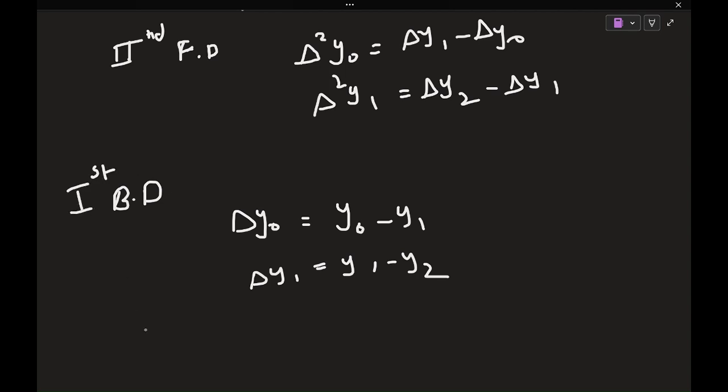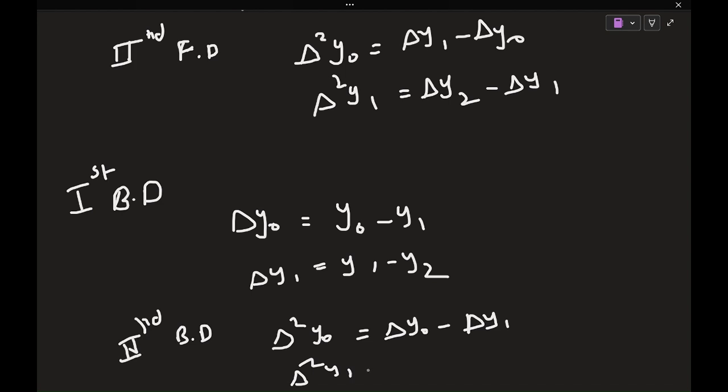So what would the second backward difference be? Del square of y naught would be del y naught minus del y1. Del square of y1, what would that be? Del y2 minus, oh sorry, del y1 minus del y2.